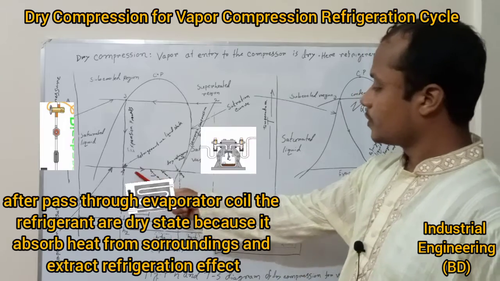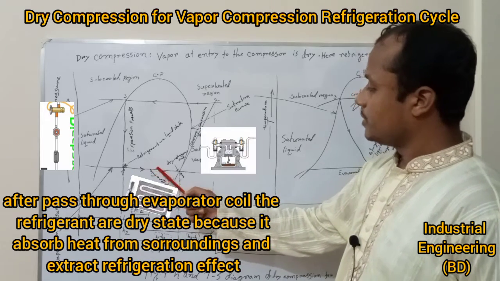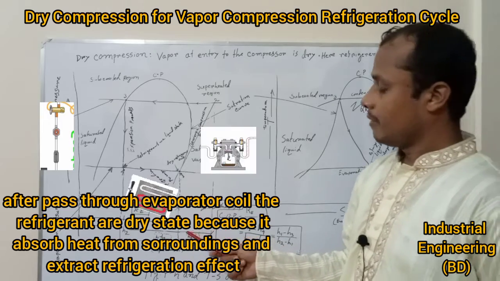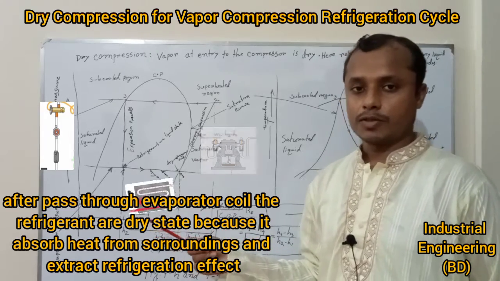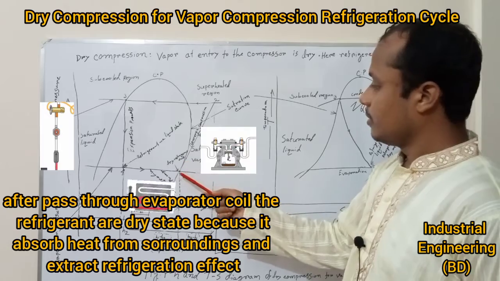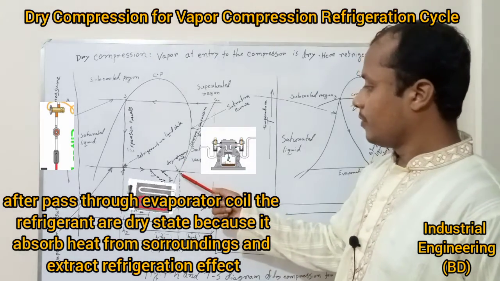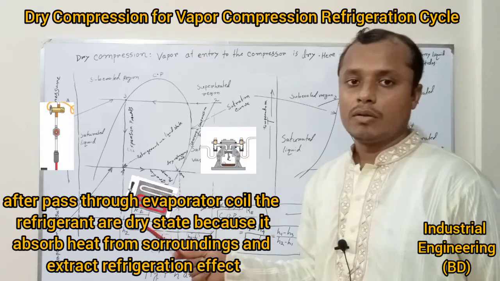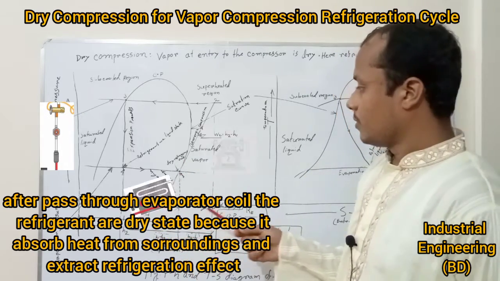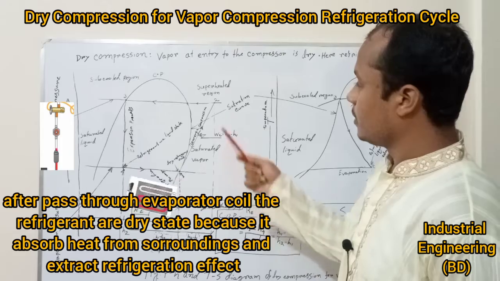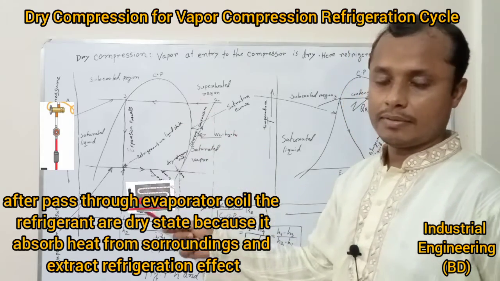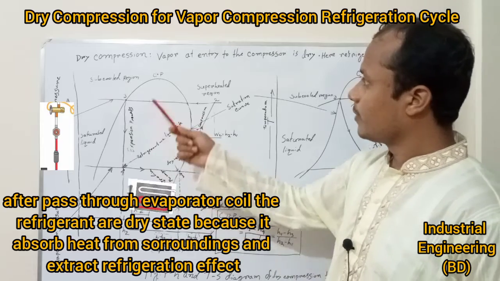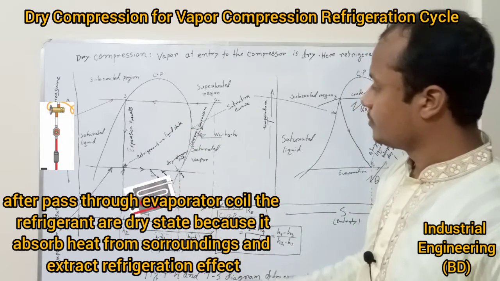After evaporation, the refrigerant is in dry state, and this dry refrigerant again enters the compressor at point 1. In this cyclic way the process is repeated again and again. So in this cyclic way, the dry compression refrigeration system works.